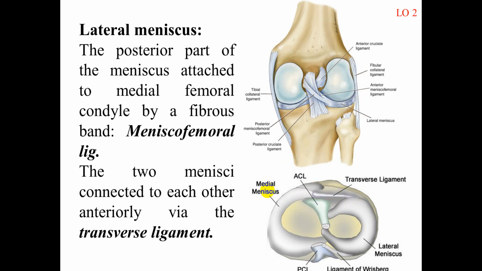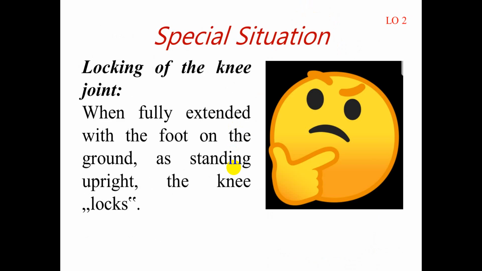These are the intra- and extracapsular ligaments which, as I said, are the main ligaments supporting the knee joint, in addition to the muscular factor and the menisci. In addition to the ligaments and muscles, we have a special situation also important for stability. This is called the normal or physiological locking of the knee.